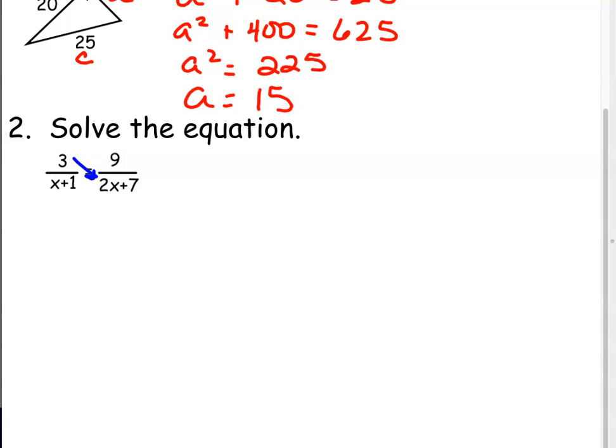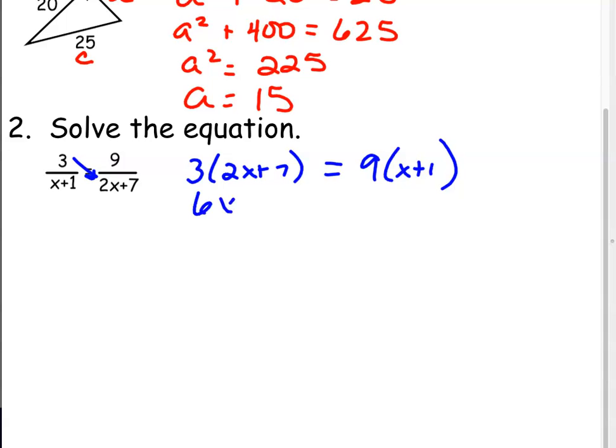So 3 times 2x plus 7 has to equal 9 times x plus 1. Distributing, we would get 6x plus 21 equals 9x plus 9. Now it's just a basic equation, variables on two sides, so we want to get everything to one side, all of our variables together.